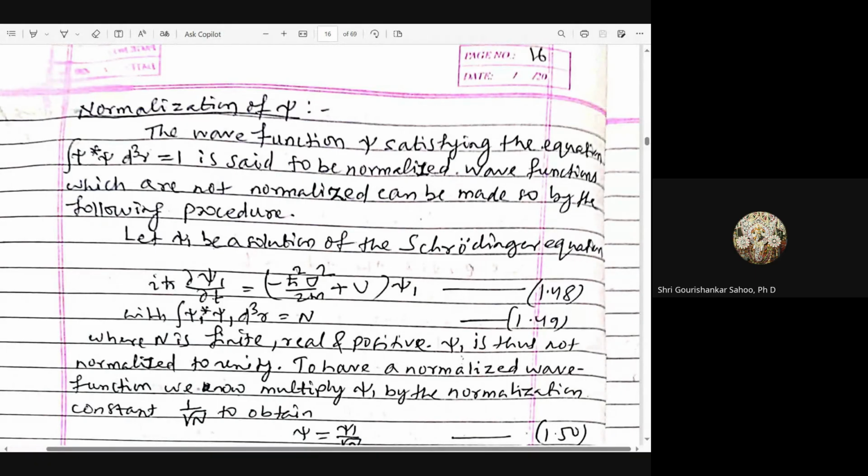Am I audible? Yes, sir. I think there is some fluctuation both in the screen and in the voice. Is there? Because here is heavy rain. There is heavy rain, and in this region, rain means there is no connectivity and nothing else.